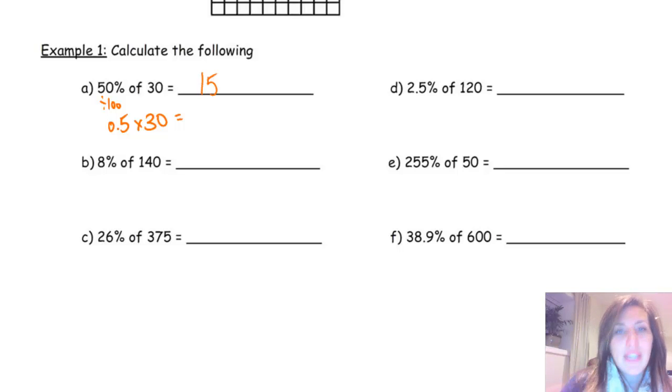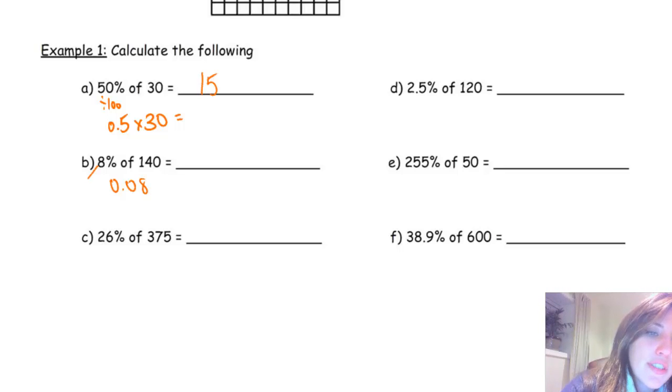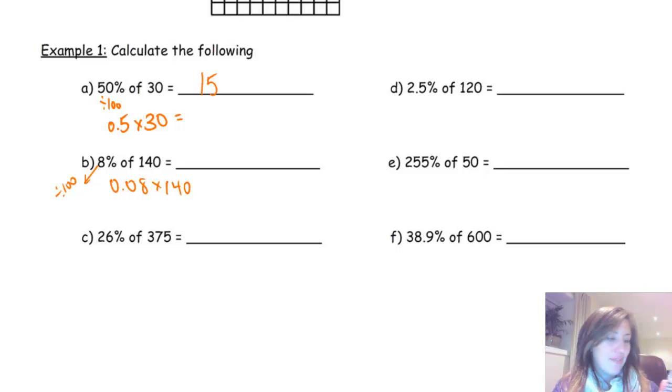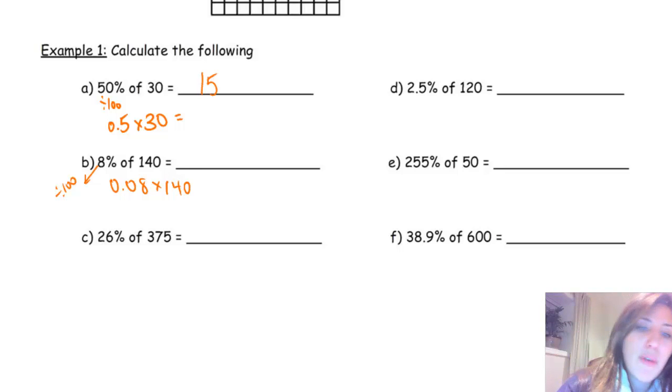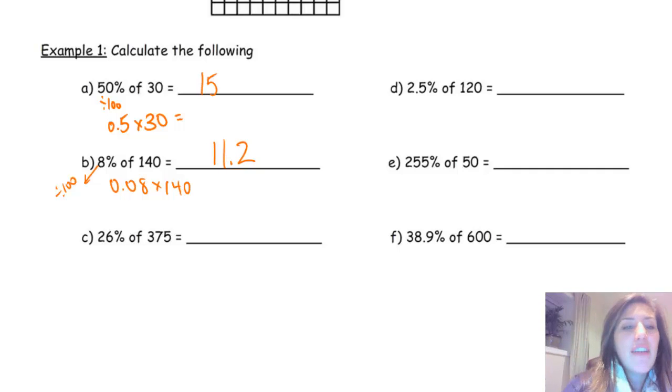So 8%, we need to do 8 divided by 100, which is 0.08. 0.08 times 140 equals 11.2. Next, 26 out of 375.